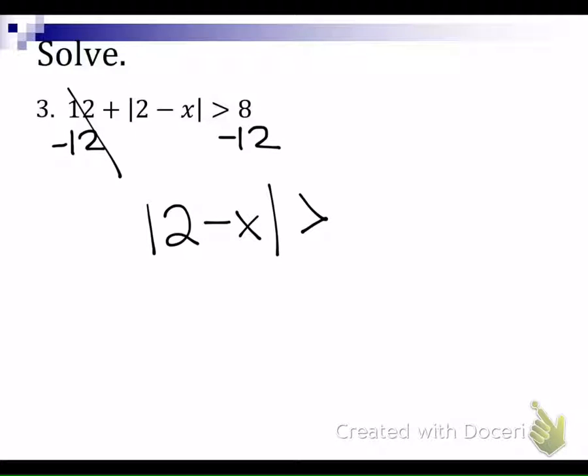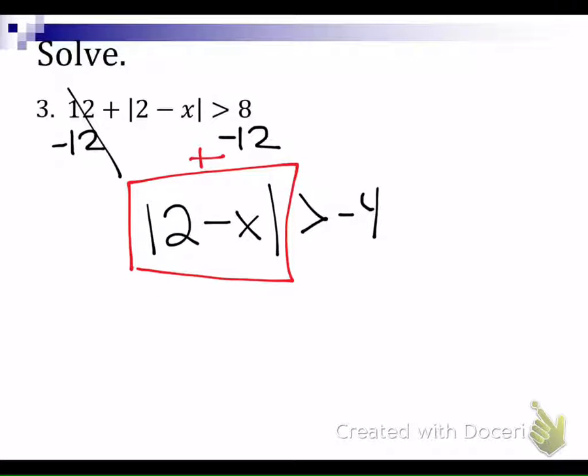Okay, what is 8 minus 12? Negative 4. Did you keep going or did you stop? I stopped because I know that I would stop here. Who wants to explain why you could stop here? Because the absolute value is always a positive number. So that red box is always positive.